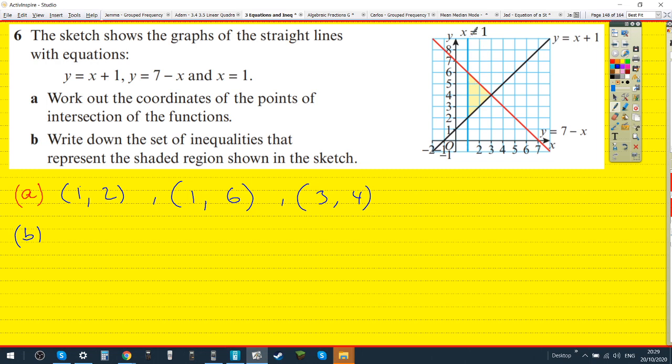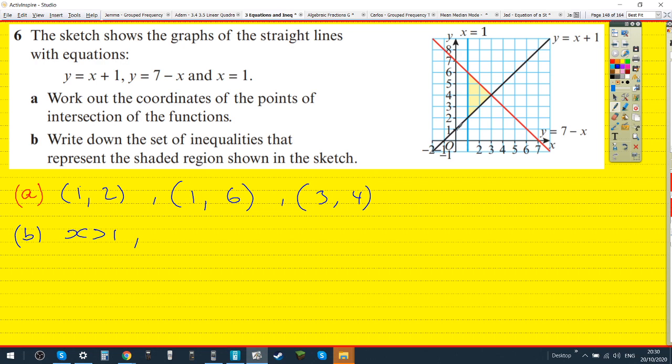So in terms of, let's say, the line x equals 1, is the region to the left or right of that line? Right. And so that would be x is greater than 1. Let's say in terms of the black line. So it'd be x is less than 3, because it's behind the 3. Yeah, just do it in terms of the lines they've given us.